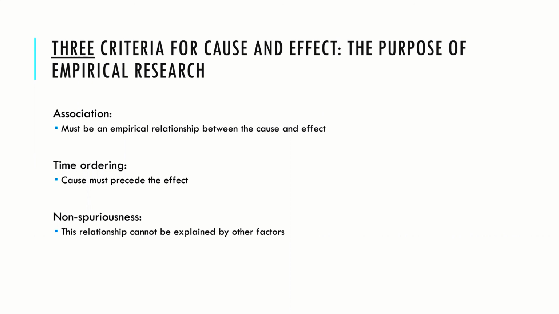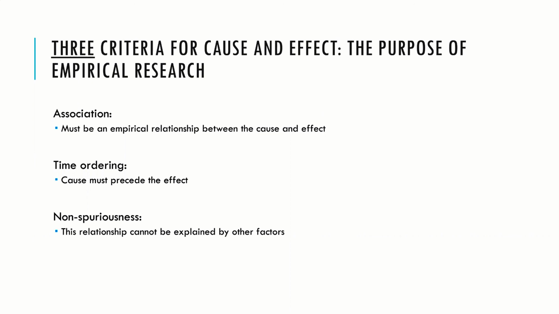A researcher looked at the shoe size of a bunch of different people in K through 12 and found that people with bigger shoes had more reading comprehension. So they said, look, there's a relationship between X and Y. Shoe size causes reading comprehension level.